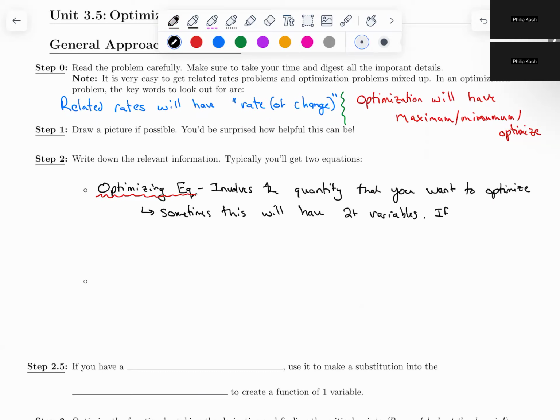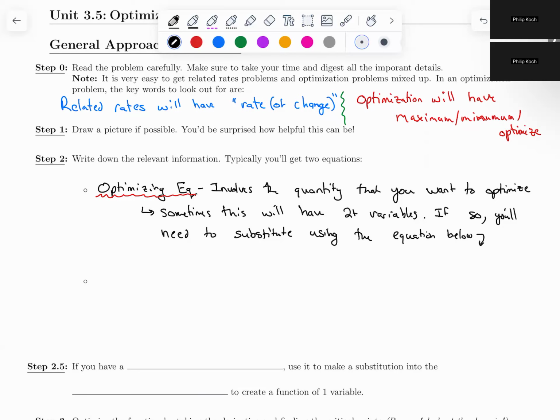If so, you'll need to substitute using the equation below. Let you write that down. The optimizing equation is the thing that you're trying to maximize or minimize.